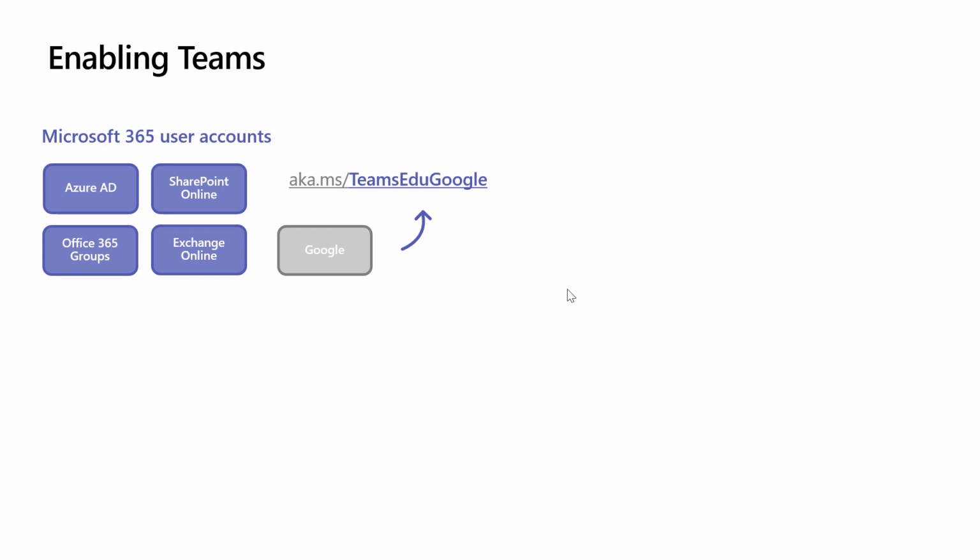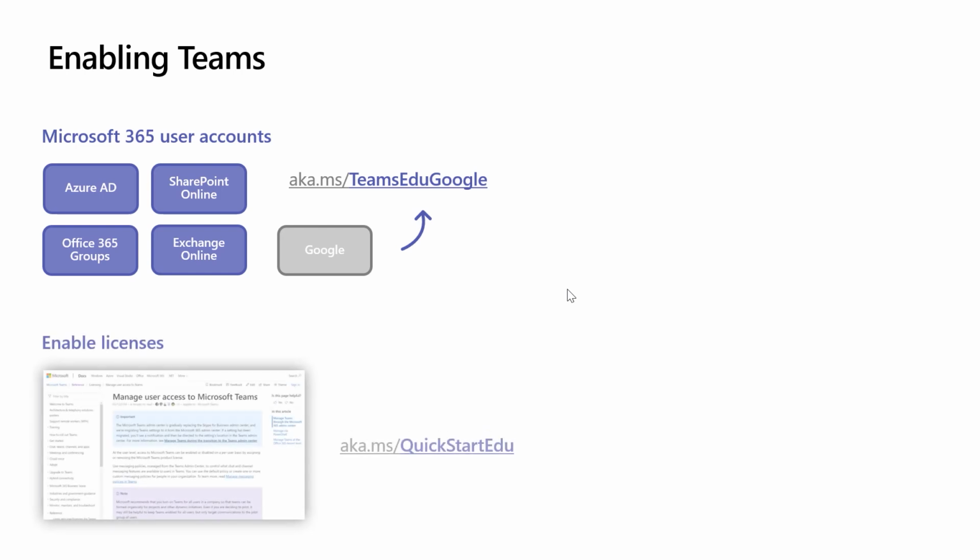There's a few limitations, but everything is very well documented on aka.ms/TeamsEduGoogle. It will explain to you how the configuration works when you want to use Google in combination with Teams. It will also explain to you which features are available, which are not, and how you can actually engage the Teams functionality with the Google functionality.